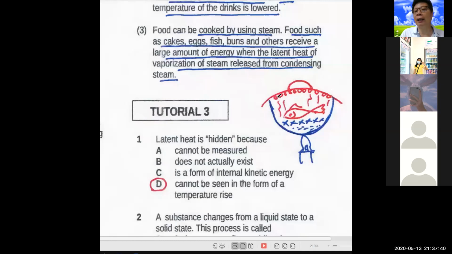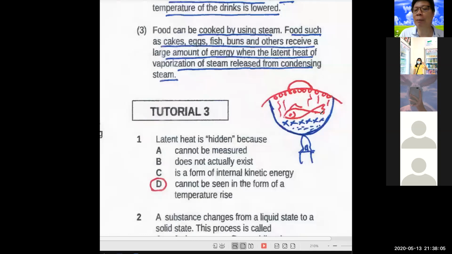Now the latent heat of vaporization is being released, then it will come down. The heat released comes down to cook the fish. That is the reason the fish can cook very fast. It's because when the water vapor condenses it will release the heat, right? So the heat released eventually comes down and cooks the fish.